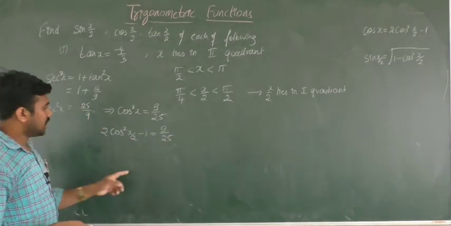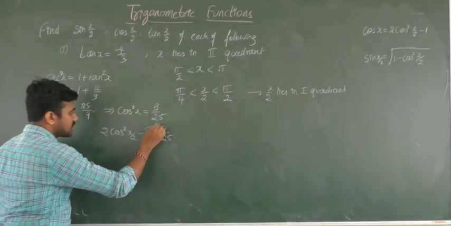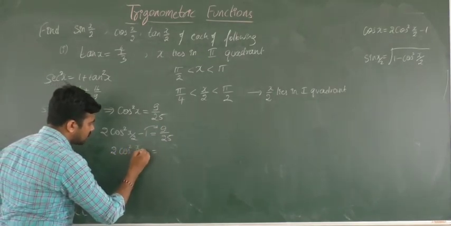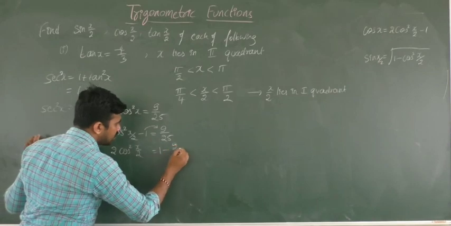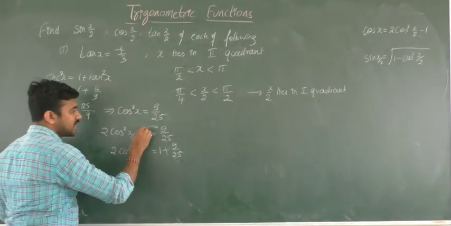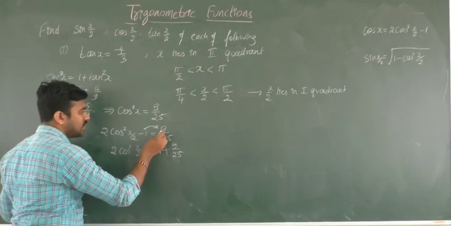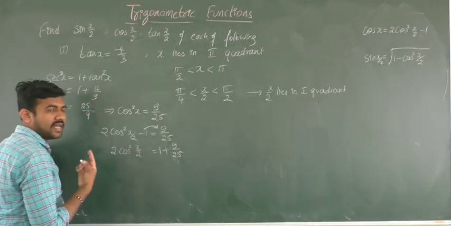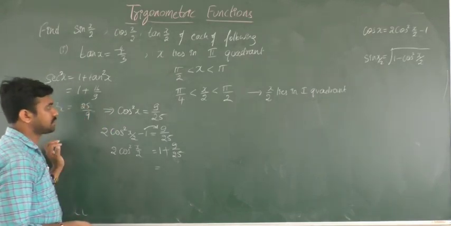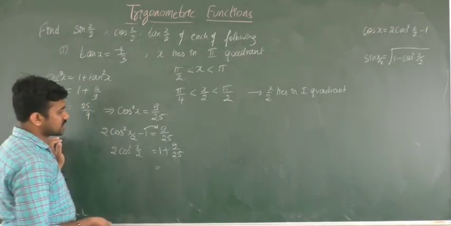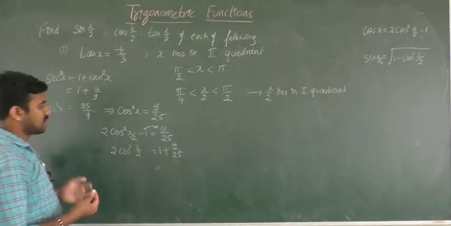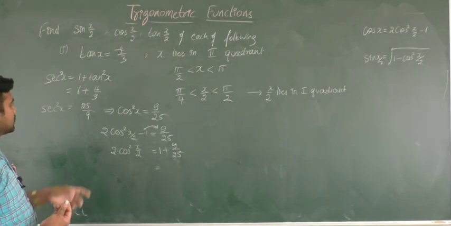Okay. Now bring this minus 1 to this side. You get 2 cos square x by 2 is equal to 1 plus 9 by 25. 1 minus or 1 plus? 1 plus, because minus 1 goes to this side, it becomes plus 1, and 9 by 25 is already positive. Now take the LCM, 25 plus 9.